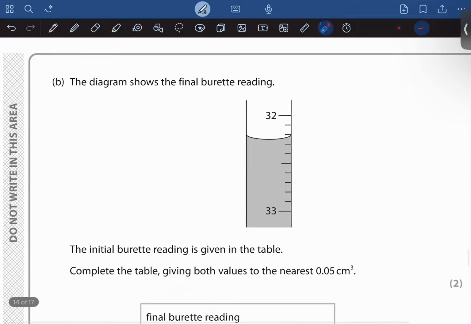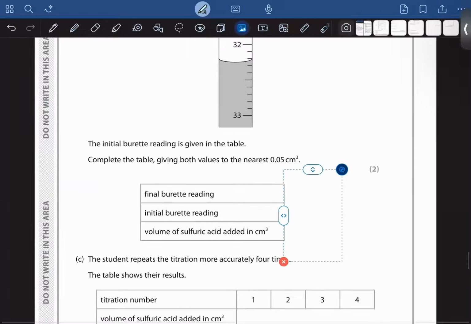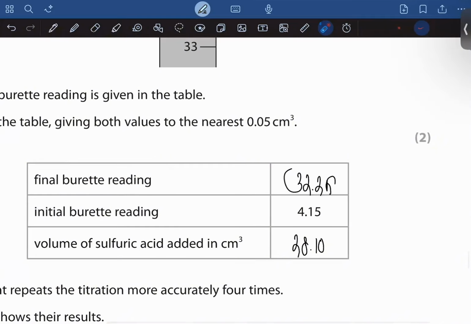So the final volume would look like 32.1, 32.2, something around 32.23 or something like that, right? So this minus this would give you the volume of sulfuric acid that was added.